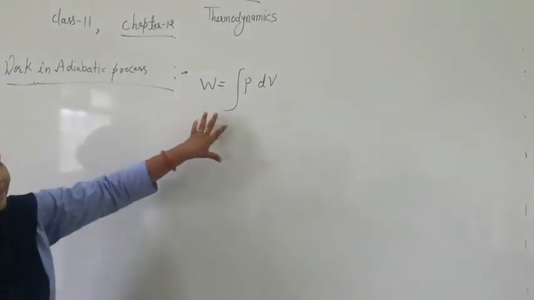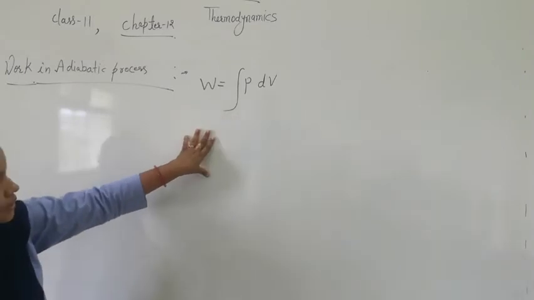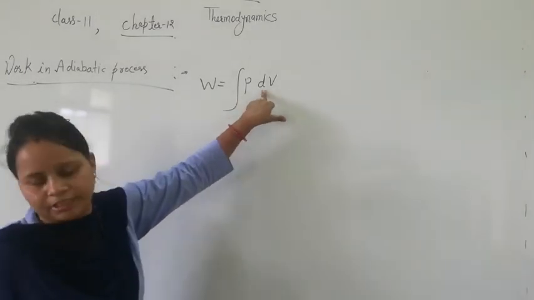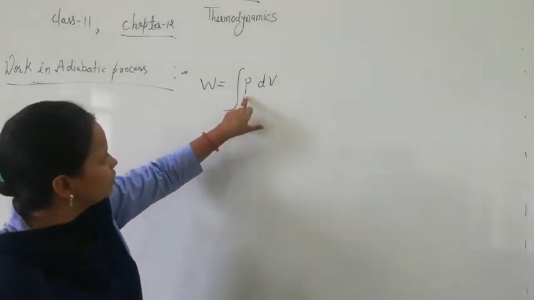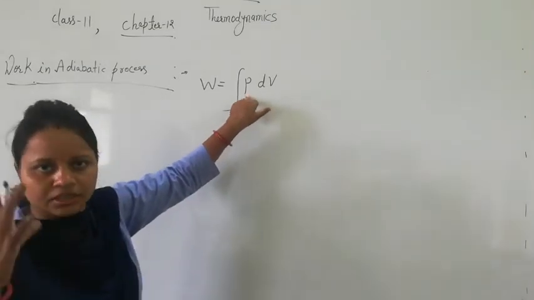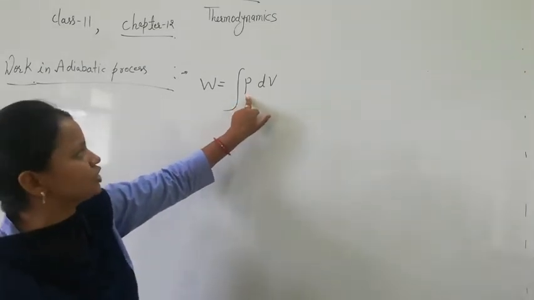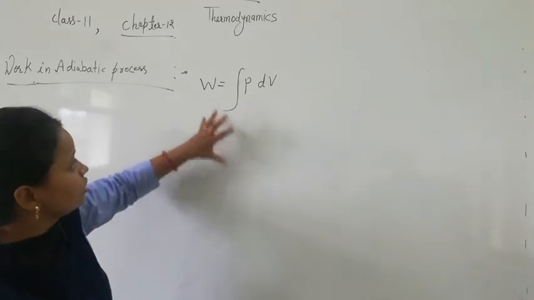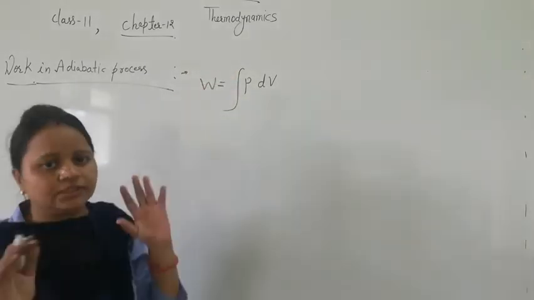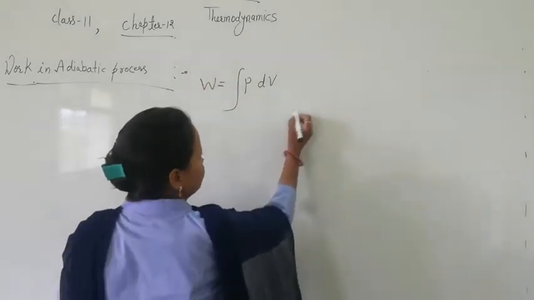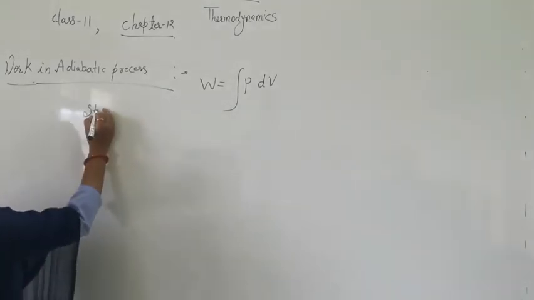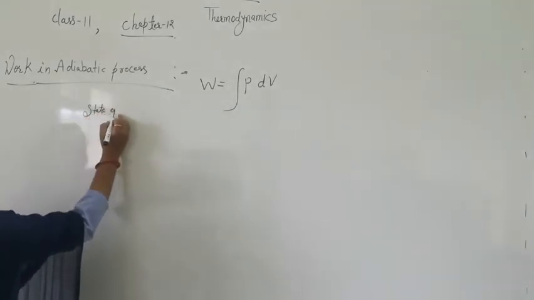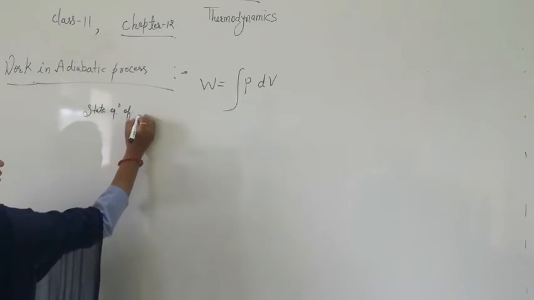This is the basic integration term where the variable is volume, and here another state variable, pressure, is present. But for integration we need the same variable, so we use the state equation of the adiabatic process.